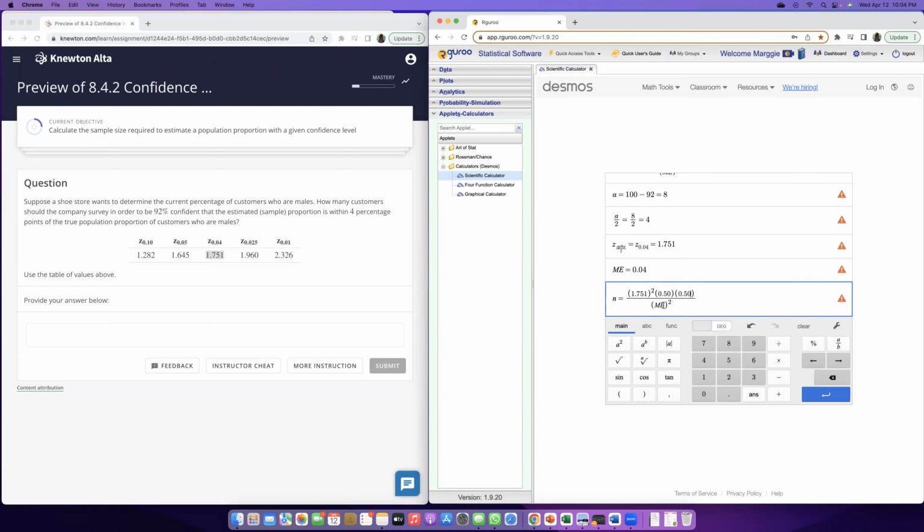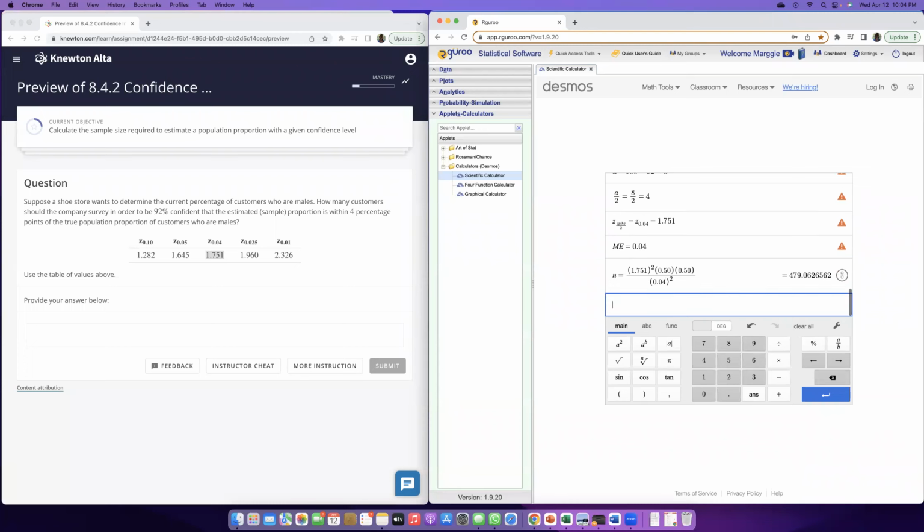Remember, this is always the case when we are trying to find the sample size, because there is no way for us to compute the population proportion or the sample proportion, because we still don't have a sample. And this in here is 0.04, because we want to be within 4 percentage points.